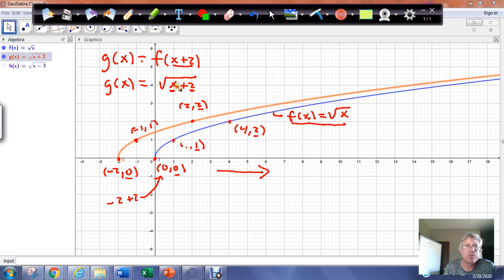This plus 2 is making the inputs bigger. You're adding 2, so what you expect is to get to the outputs faster, because the inputs are made bigger by adding 2 to x.